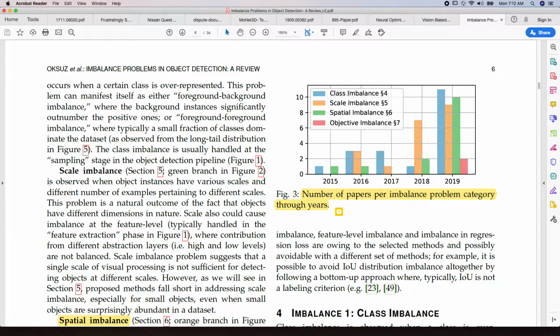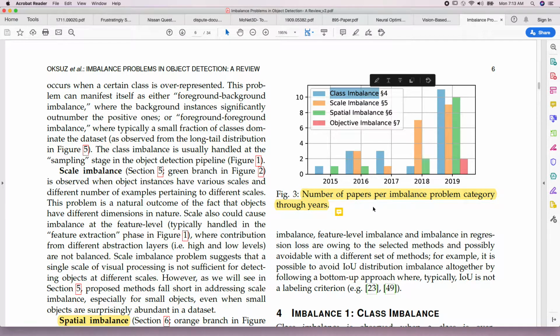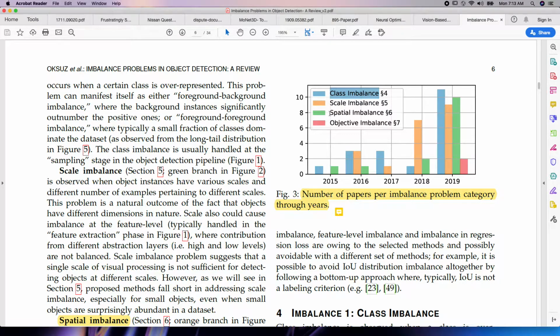Essentially, you have more in class imbalance, which is talking about the number of samples in each class. That's where most people focus, but you also have some other scale imbalance, spatial imbalance, and objective imbalance.